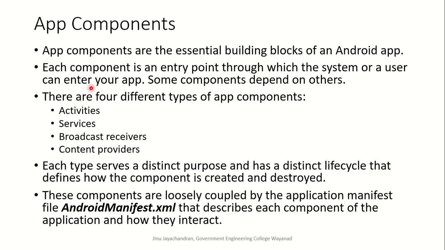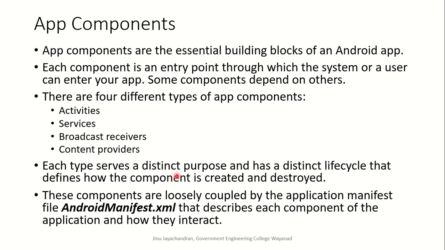When you interact with that user interface, in the background it interacts with different services, broadcast receivers, content providers, etc., to give you your desired output. There are basically 4 different types of app components: activities, services, broadcast receivers, and content providers. In each lecture we will be looking at each of these components.